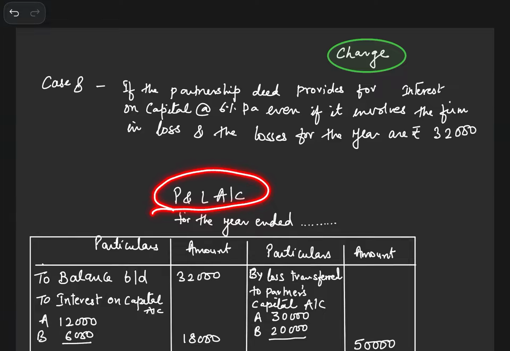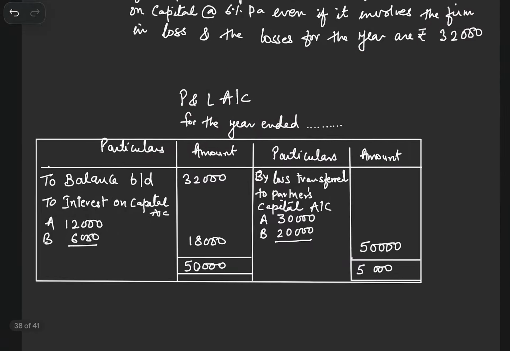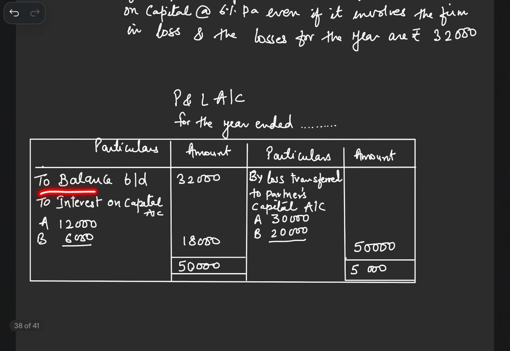So when it is a charge, please see that we have to make the profit and loss account. Further, if we read, it says that the losses for the year are rupees 32,000. So first of all, loss always has a debit balance, so we are transferring it on the debit of the profit and loss account, showing it here, to balance brought down 32,000.